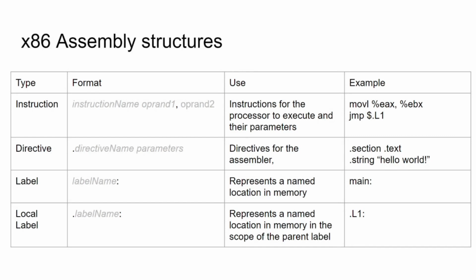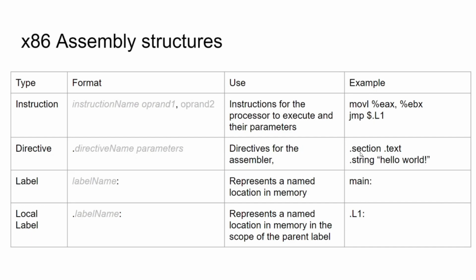Anyway, next let's talk about directives. Directives are what we're actually sending to the assembler. The assembler has special internal code to convert directives into instructions for special things. A directive begins with a period and then has a name after it, and potentially can have parameters as well. These directives tell the assembler what exactly to do in a specific location.